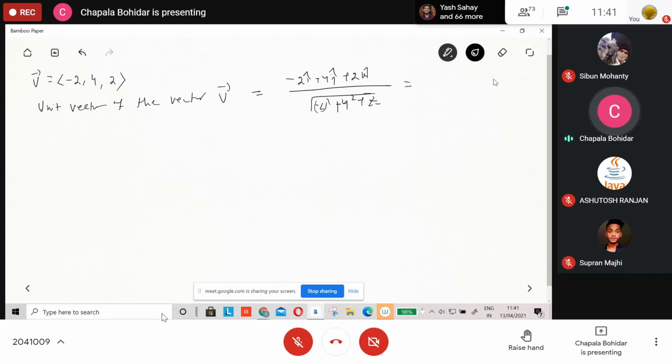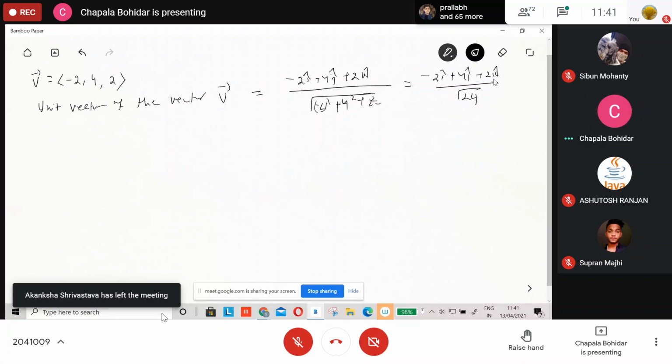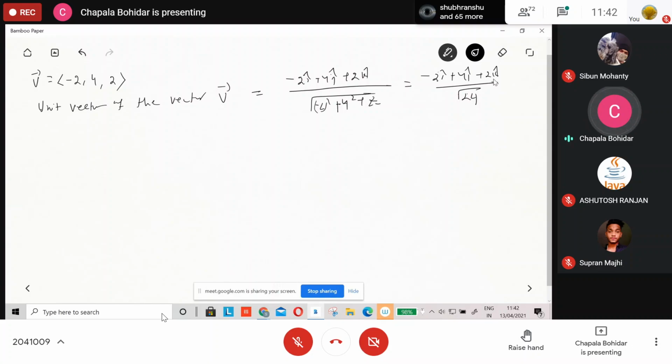So we get minus 2i plus 4j plus 2k divided by root 24. Am I correct? Is it correct? Correct.